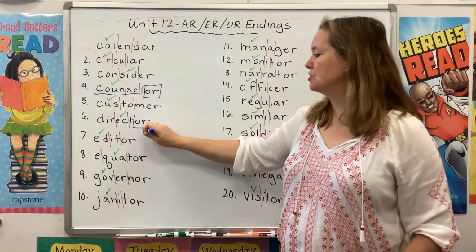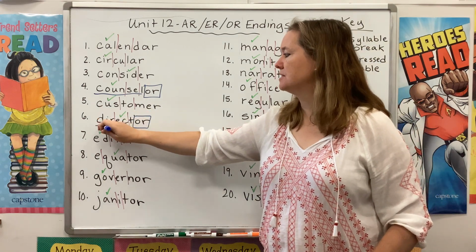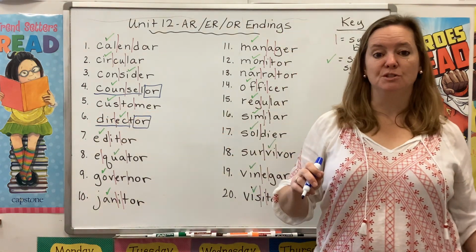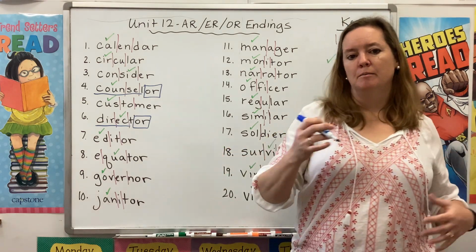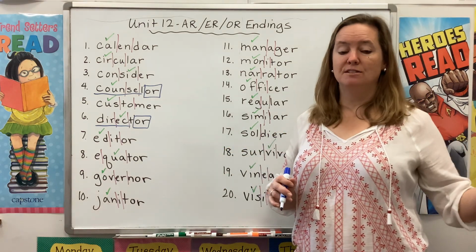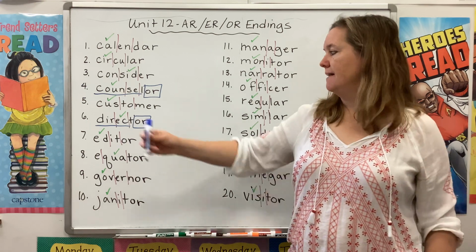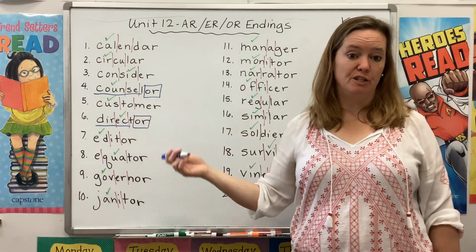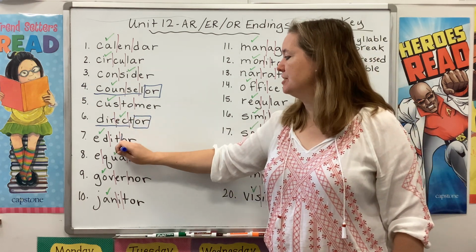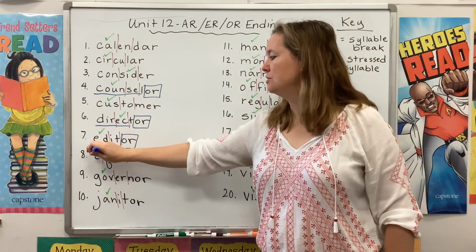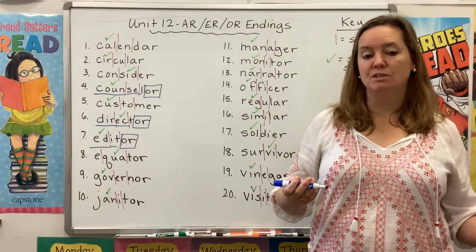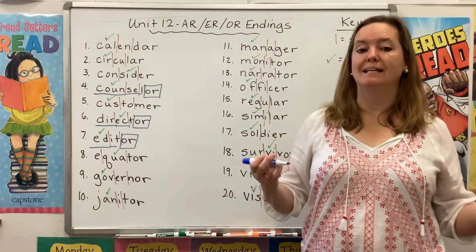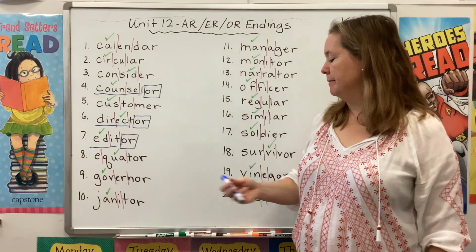A director is a person who directs you. They tell you what to do in a movie. Stand here, pretend to cry, say this line with a little more emotion. They are directing you. An editor is a person who edits your writing. They go back and give you suggestions. They fix your spelling. They do that sort of thing.